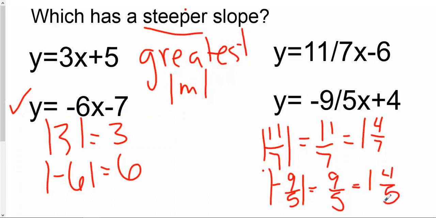So we get 1 4/7 and 1 4/5. Well, I know that if it has a smaller denominator, it's actually going to end up being that bigger fraction. The numerators are the same, and so this has to be our bigger one. So we're going to get, again, our second one having a steeper slope.